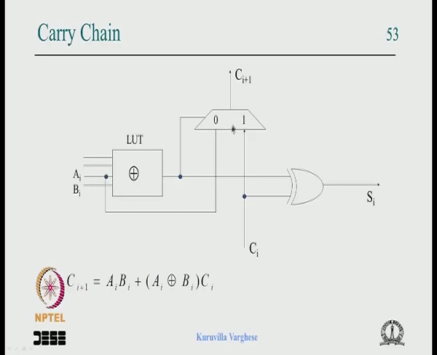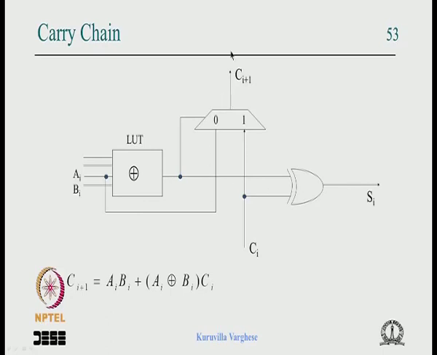So essentially that implements this equation: AI exclusive OR BI is this path and AI BI is this path. To generate the sum we use this AI exclusive OR BI and an external XOR gate, XORed with the carry input to generate the sum.